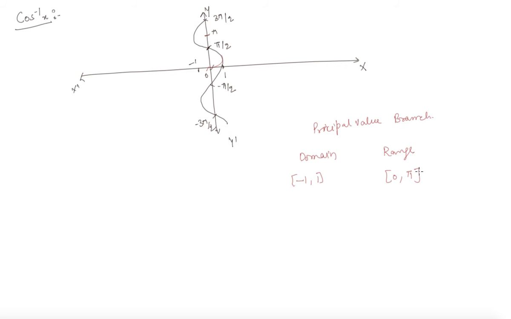Now let's discuss another trigonometric function, which is tan inverse of x. Students, now I am drawing the plot of y equals tan inverse of x. This is your x, this is your x dash, this is y, this is y dash.